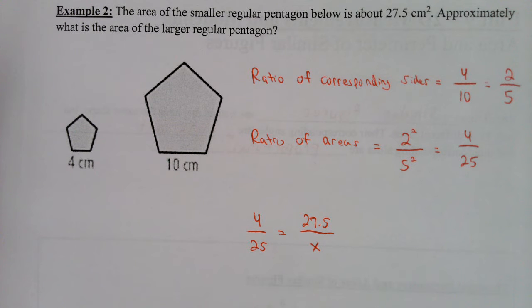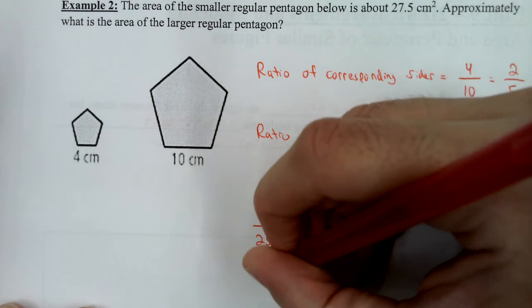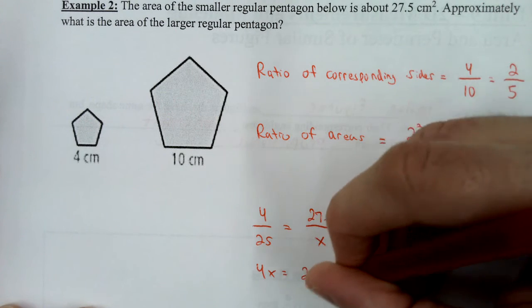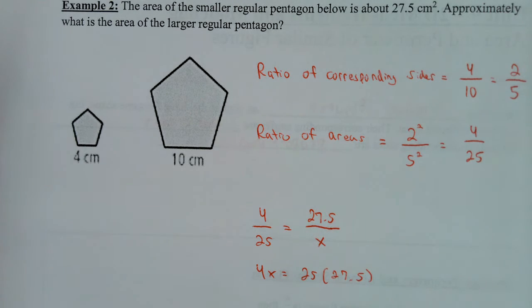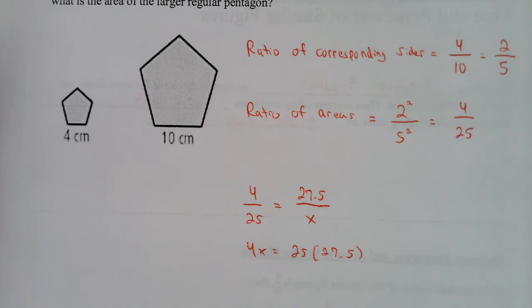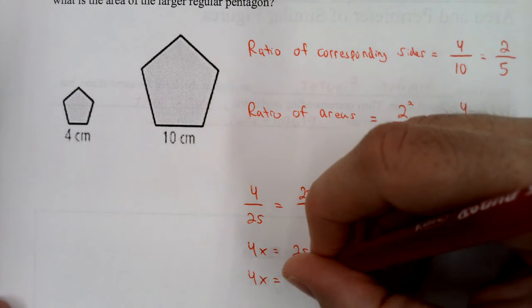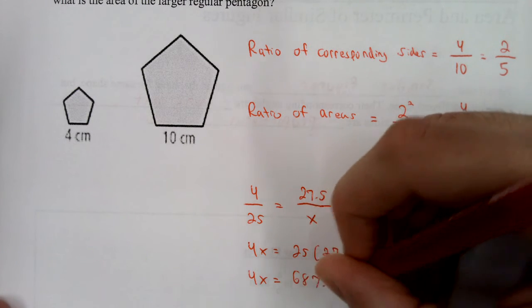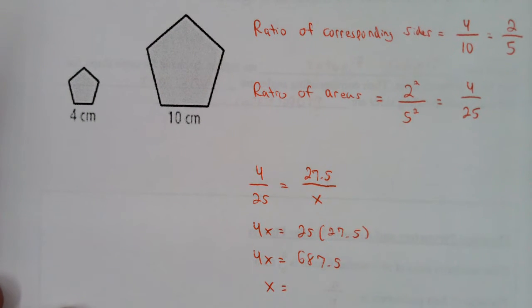So remember, to solve a proportion, you're going to cross multiply. So 4 times x equals 25 times 27.5. So 4 times x equals 687.5, and x equals 171.875.